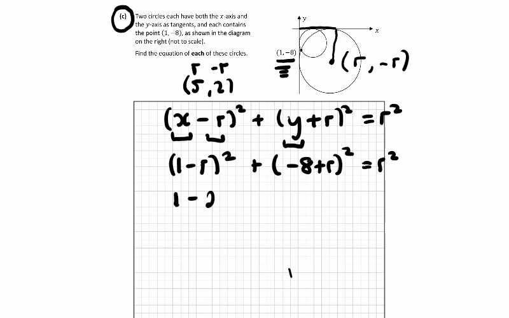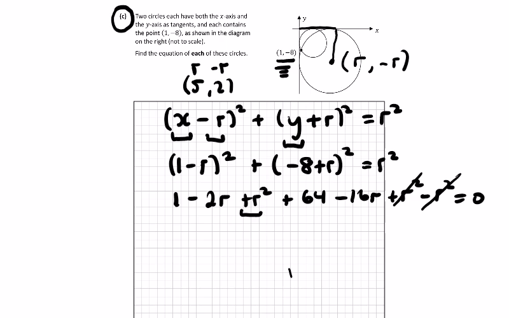This will give 1 minus 2r plus r squared, plus 64 minus 16r plus r squared, and I'll bring across the other r squared, minus r squared will be equal to 0. So these two cancel, leaving me with r squared minus 18r, and then 1 and 64 is all that's left, plus 65.